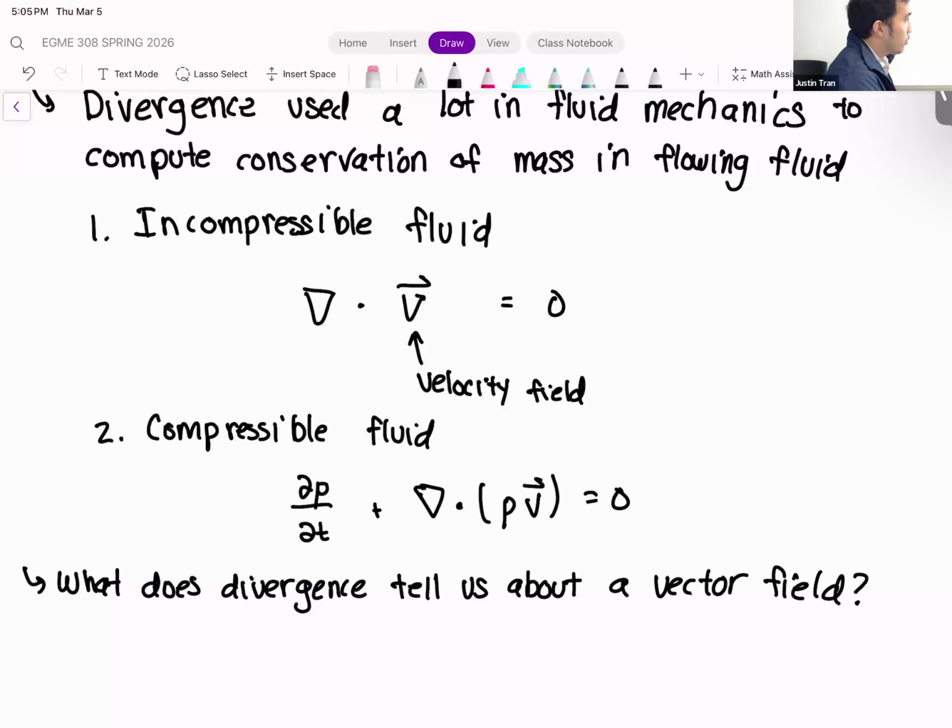What information are we looking for in that divergence? When you take the divergence of a vector field, you're essentially asking the vector field, how much are you expanding in given directions?